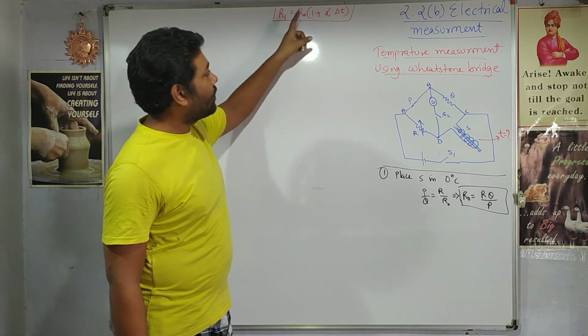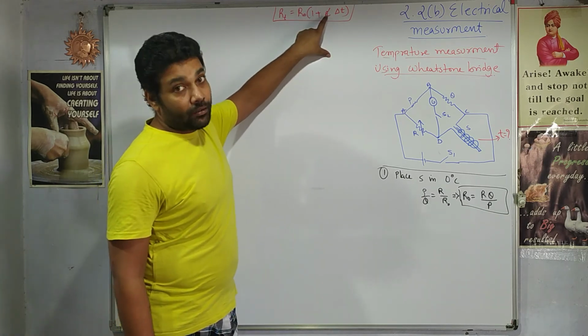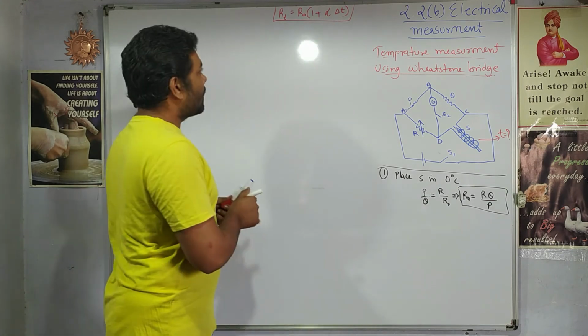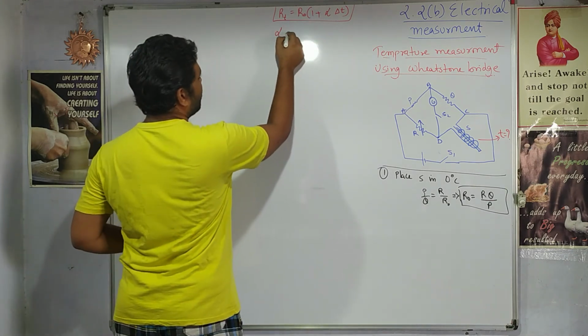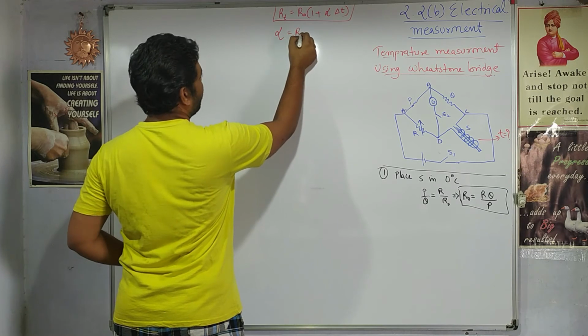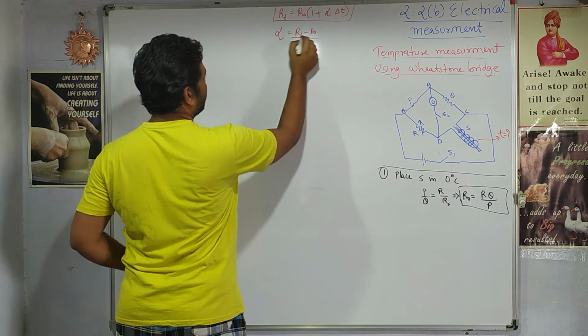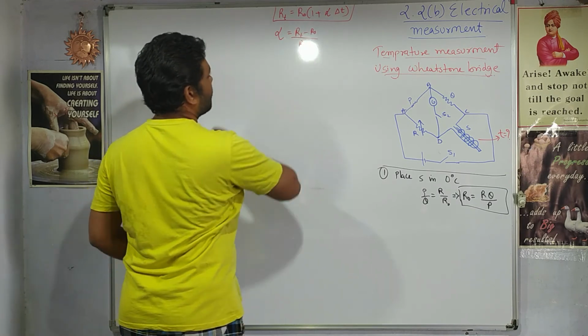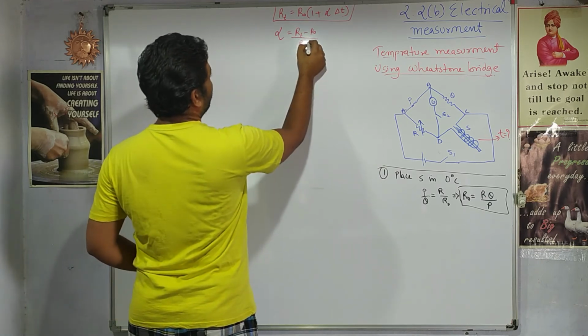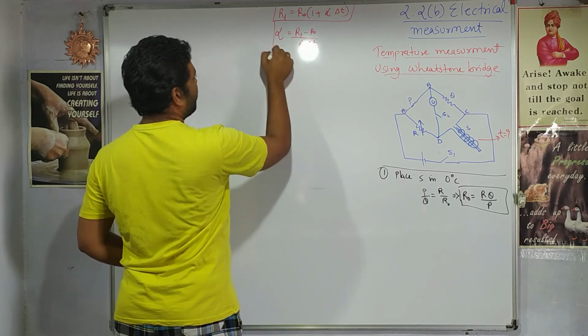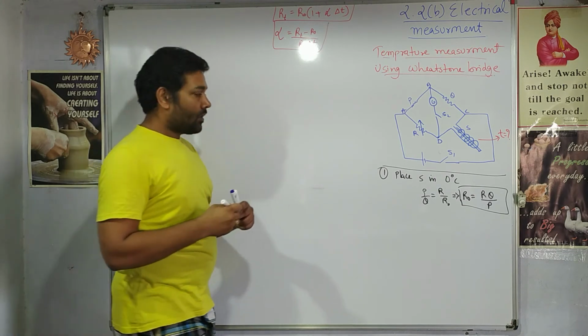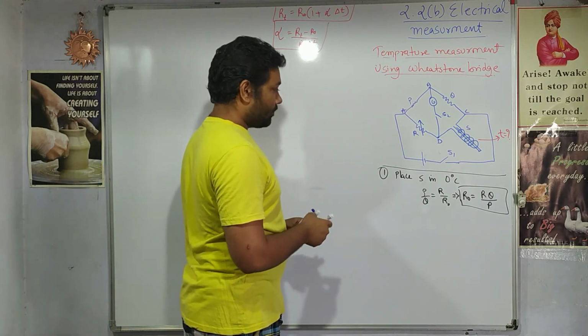Then I must also know the value of alpha. If you rearrange this equation, alpha will be RT minus R0 upon R0 into delta T. So this will give you the value of alpha. This is step 1.